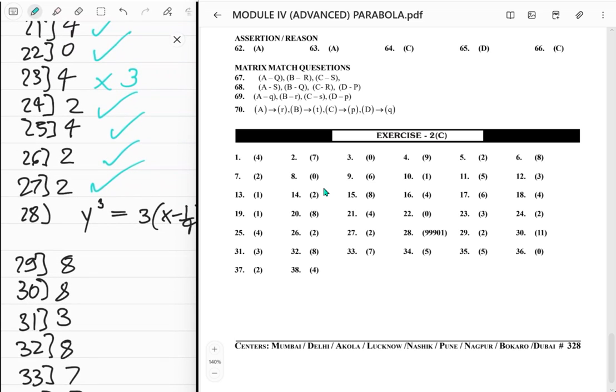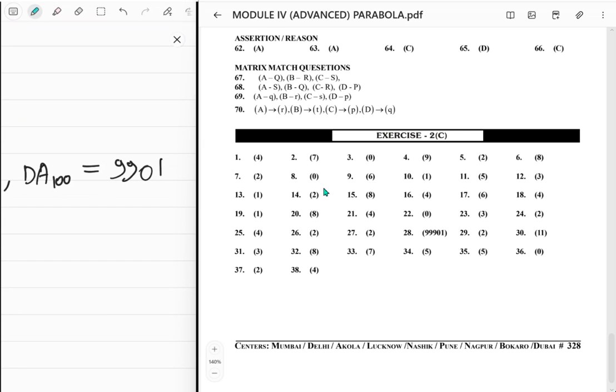And 28, 99901. So triple nine. Oh, it was a. Wait, no. How can that be correct? Is it not just 990? Was it a 1000 or something? Maybe. But then why do you have 100? That's not making any sense.